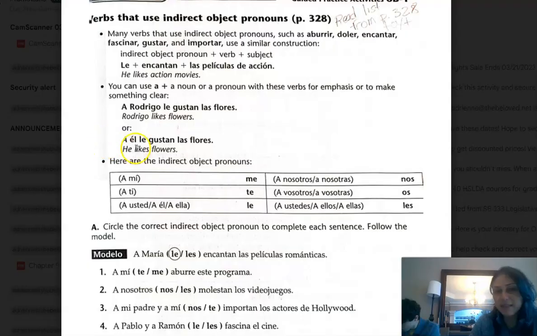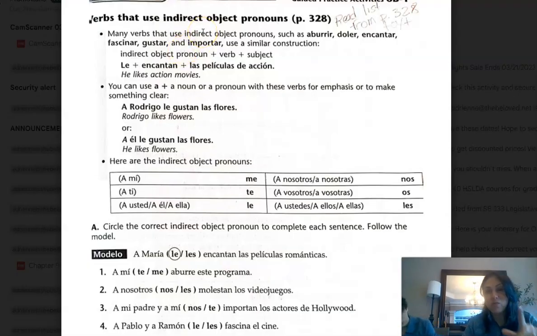Now read this next sentence. A él le gustan las flores. Yes. Do you see here? We just replaced Rodrigo with the pronoun él. So like we see up here, it's going to be either a noun or a pronoun.